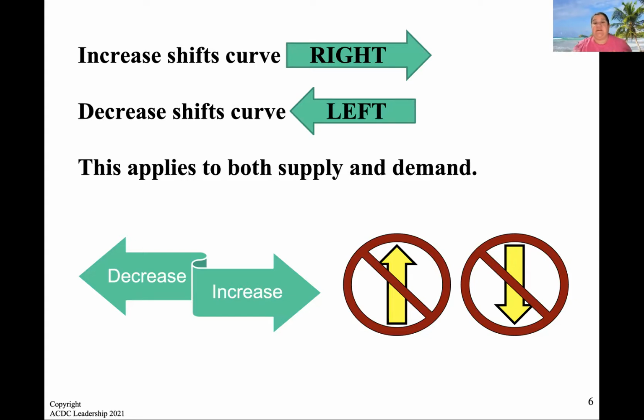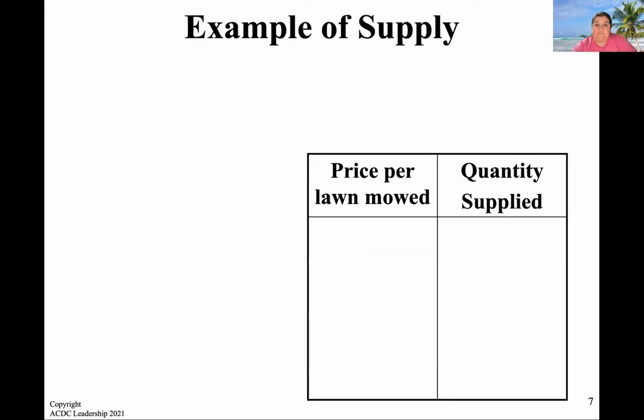That will make it significantly easier to remember that, regardless of whether we're talking about supply or demand, an increase is going to shift the curve to the right, and a decrease will always shift the curve to the left. So don't draw up and down arrows. Don't talk about it shifting the curve up. We're going to talk about it shifting side to side, from left to right.